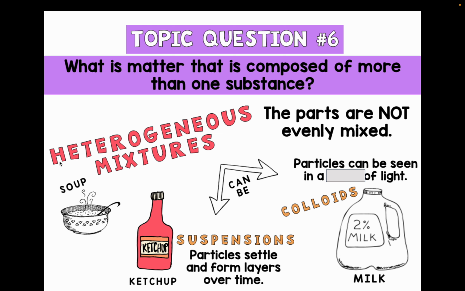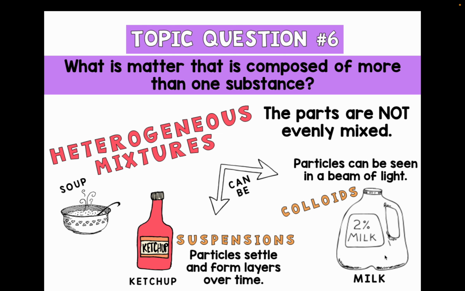Eventually, these heterogeneous mixtures, they're not uniformly distributed. So over time, some of the parts of the mixture can settle out, and you can see the different parts of the mixture.